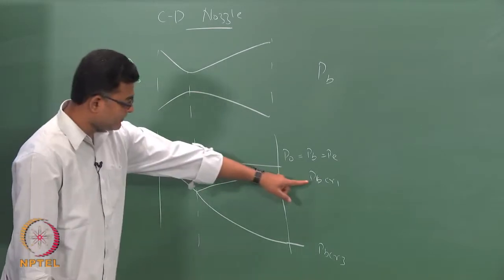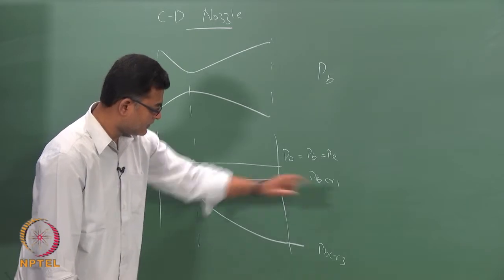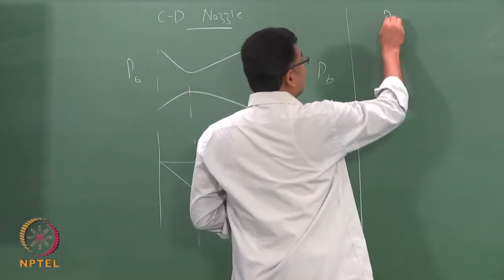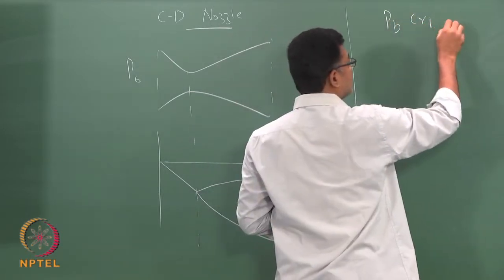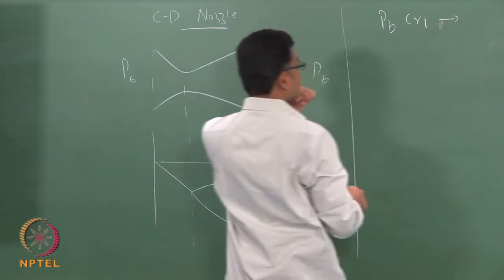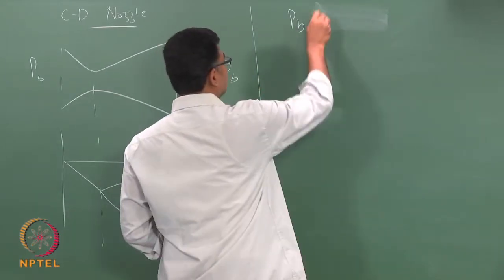So, if I decrease my PB to a value smaller than P critical 1, let us take some value here. So, I am decreasing my PB.